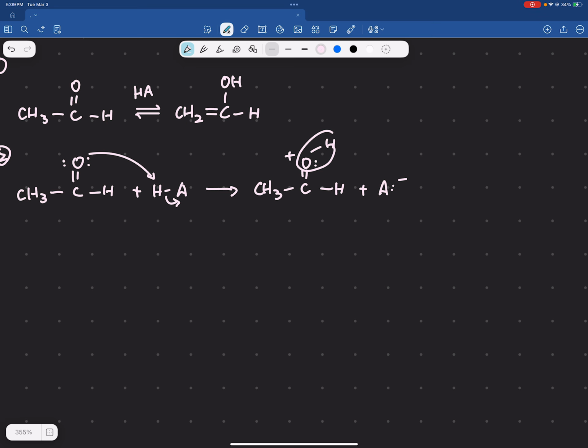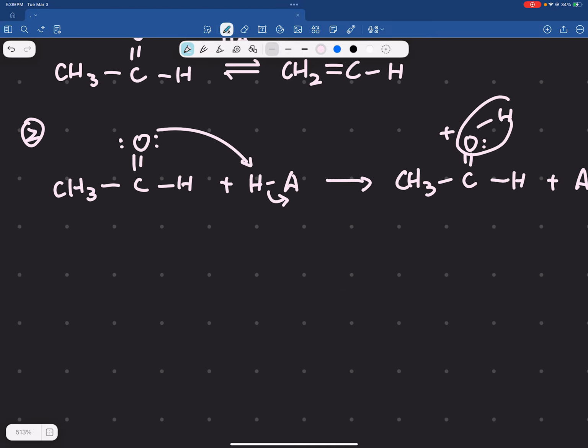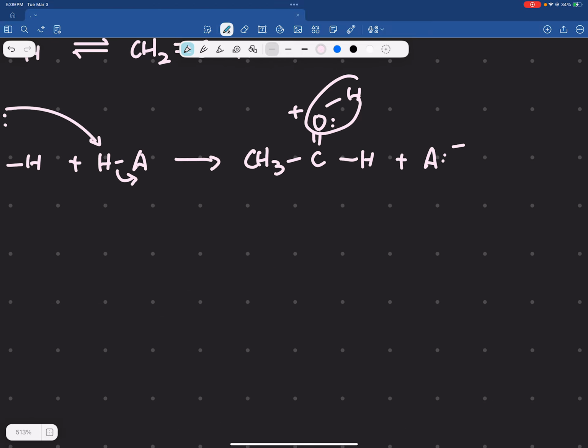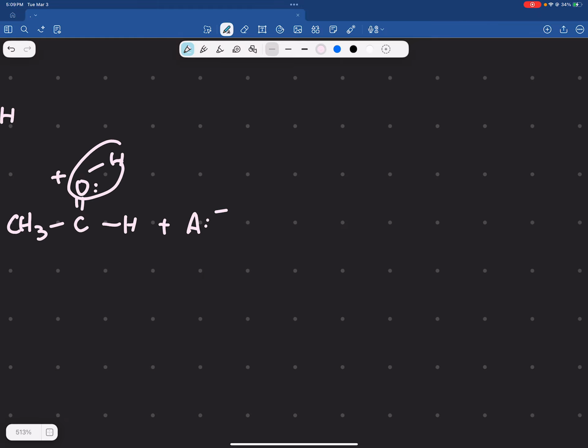And then in the next step, we're going to form a new bond between a nucleophile and electrophilic carbon. So this product is going to undergo attack from the enol of one molecule on the protonated carbonyl group of another molecule, and it's going to form a new carbon-carbon bond.